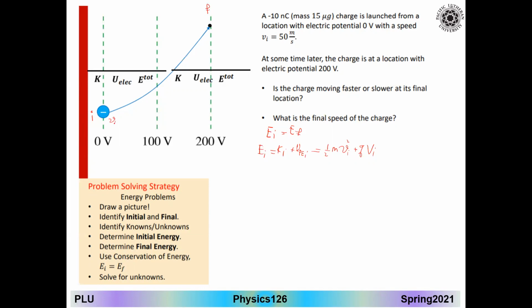Here we have Vi equal to 50 meters per second, and here is V final, which is what I am looking to find in this problem. The question asks: is the charge moving faster or slower? So I have the initial velocity, and I need to find the final velocity to decide if it's faster or less.